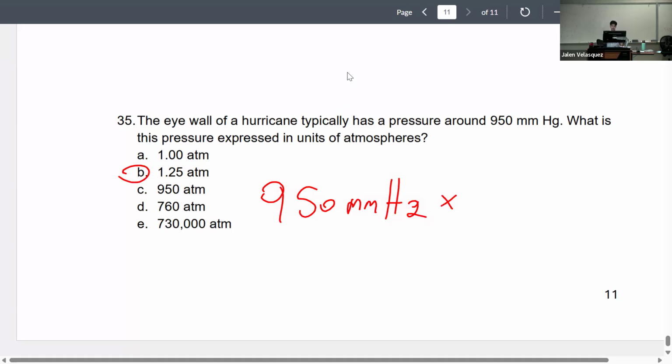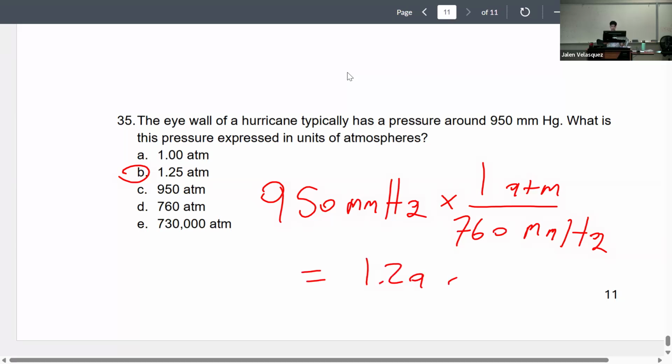What's the conversion between millimeters of mercury and atmospheres that we need to know? 760, right? 1 atmosphere is equal to 760 millimeters of mercury. Divide them and you will get 1.25 atmospheres.